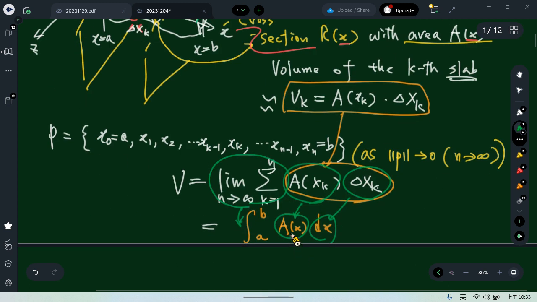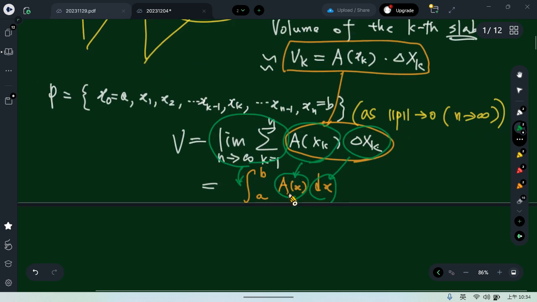Later on, I will show you the disk method and washer method, and they follow the same concept. The idea is very important: for each slab, you just need to know how to calculate its area, then take the integral of it from a to b, the interval. Okay?